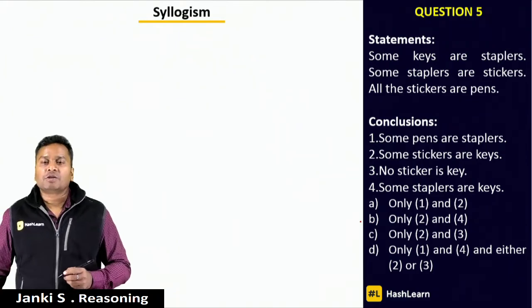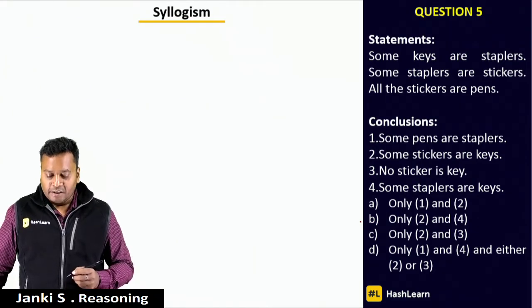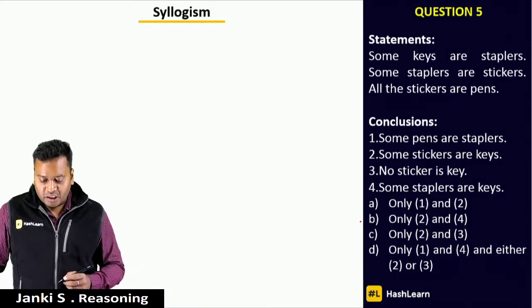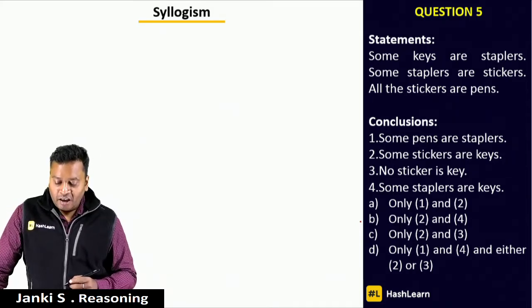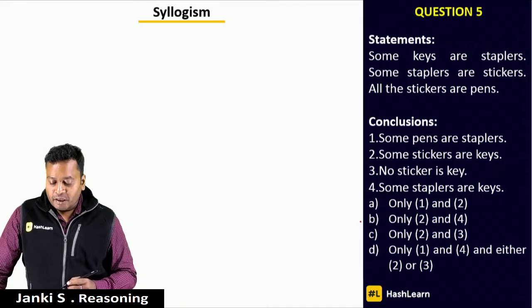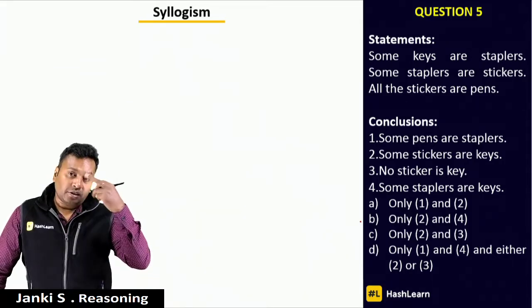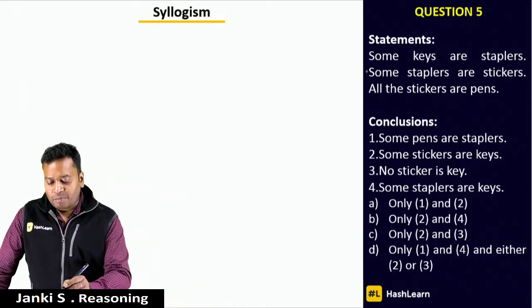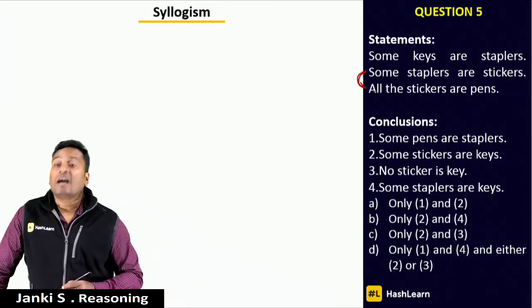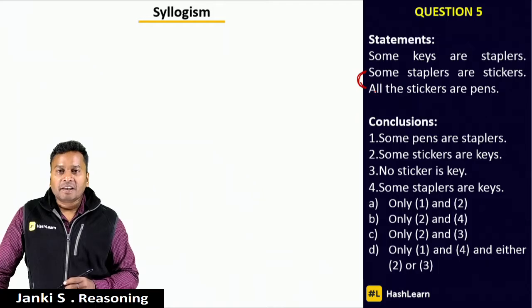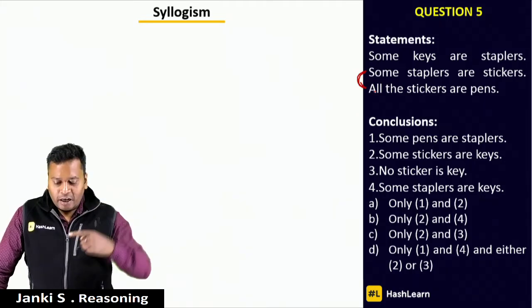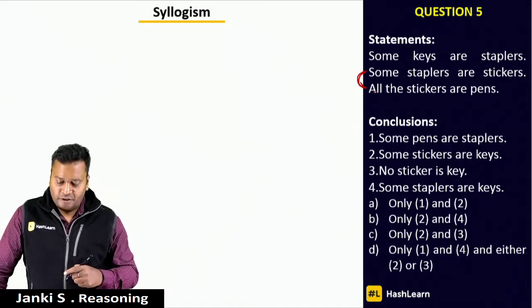Let's move to question number 5. Some keys are staplers. Some staplers are stickers. All the stickers are pens. As we have seen, with some-some we cannot find any conclusion, but with some-all I can have a conclusion in terms of some.